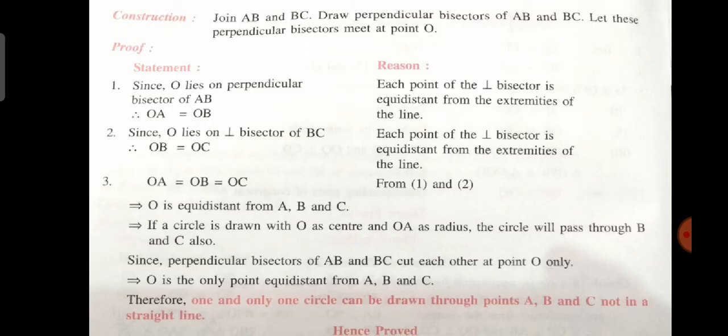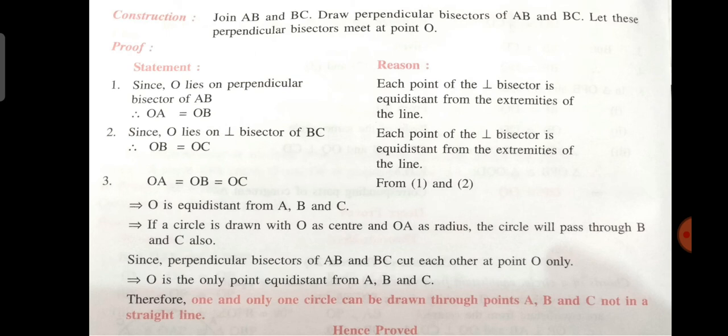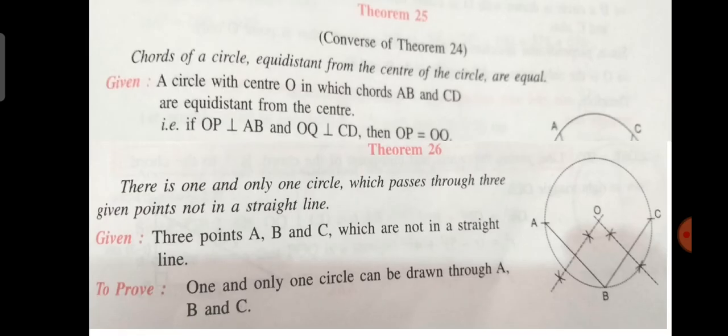That is the construction given here. Join AB and BC, AB being the first two points and then BC, and draw perpendicular bisectors of AB and BC, and let these perpendicular bisectors meet at point O. For AB, the bisector is drawn as a straight line.